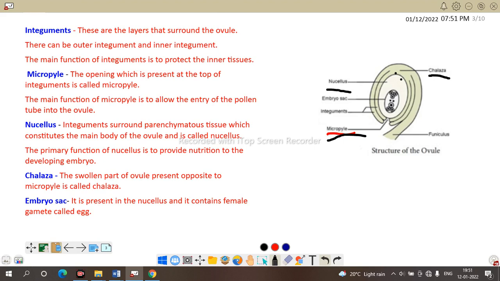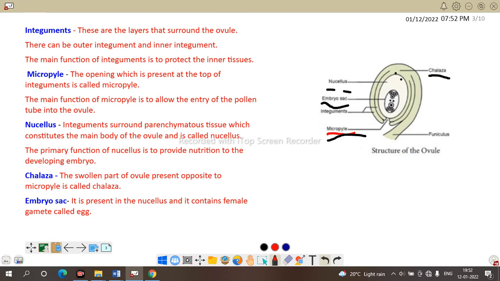Next is the embryo sac. This 8-nucleate part of the ovule is called the embryo sac. It is present in the nucellus and contains the female gamete called the egg. Here is the integument. Here are the 3 antipodals at the chalazial end.